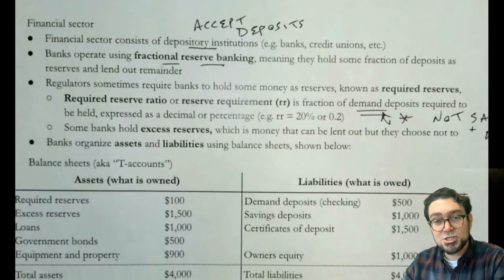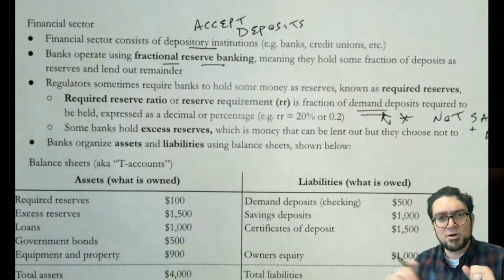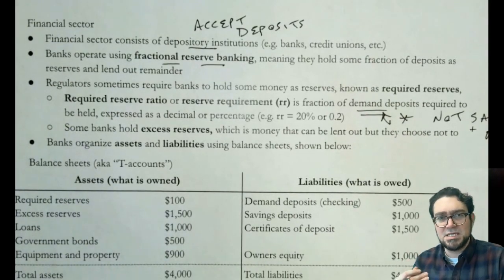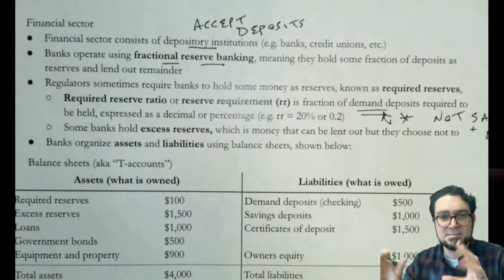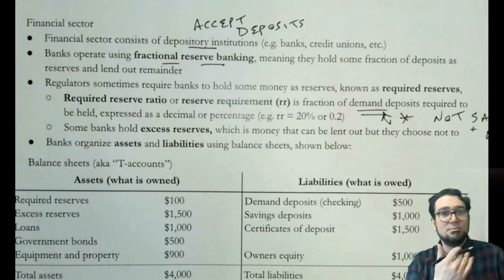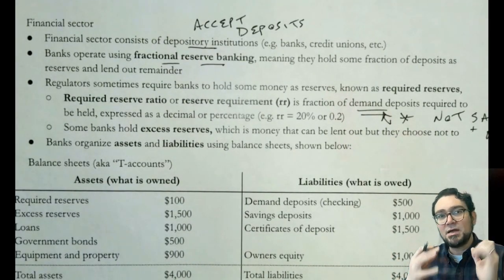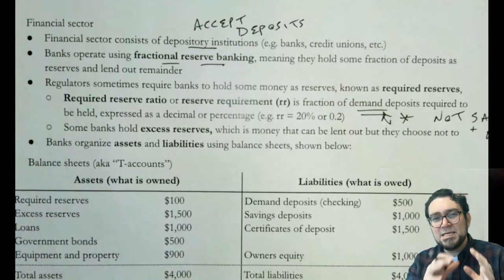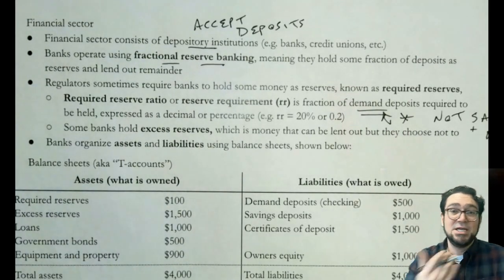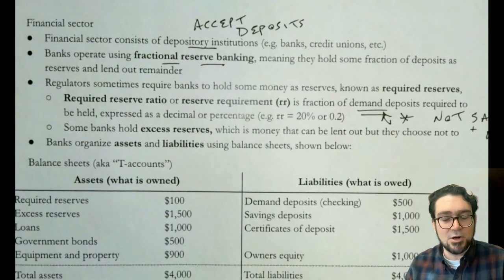So it's just the checking account money that is part of the required reserve. The idea is that people aren't often pulling lots of money out of or putting lots of money into their savings accounts. It's a more stable population of money, but checking account money is lots of in and out. And so the government has an interest in saying, well, banks, you probably need to keep some of that money in reserve just in case a bunch of people come in and want to withdraw their money all of a sudden.